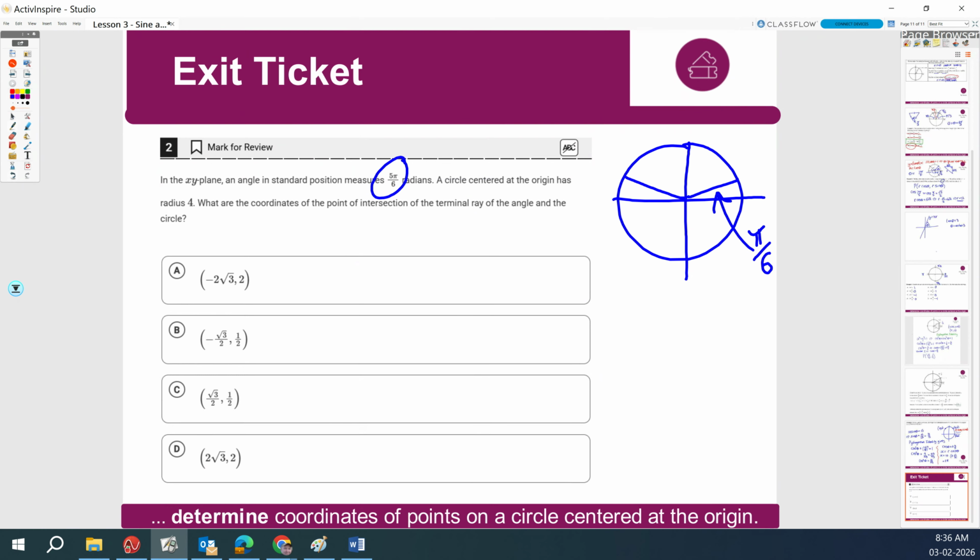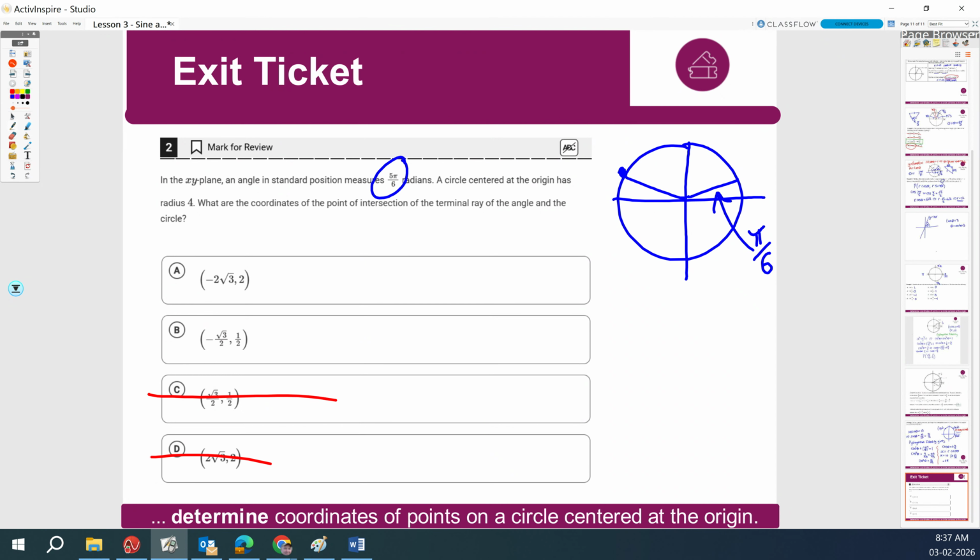So here, with our point, when we have 5 pi over 6, we're in the second quadrant. So instantly, we know that the x-coordinate has to be negative. These ones are gone.